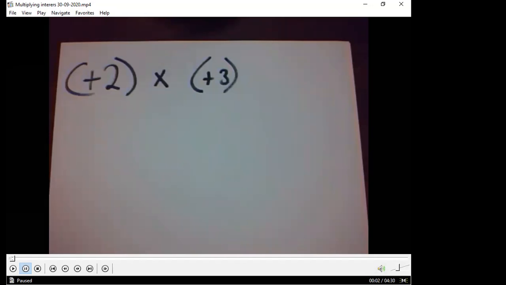So this question, I want to represent by algebraic tiles. What is the question? It's positive 2 times positive 3. I want you to know how we will translate these numbers into words.